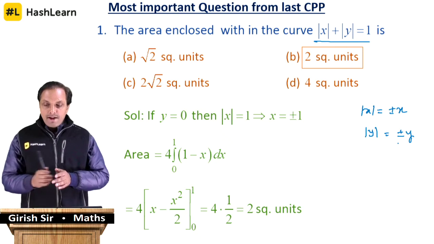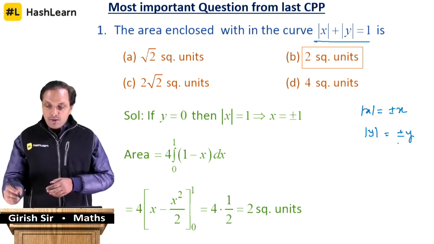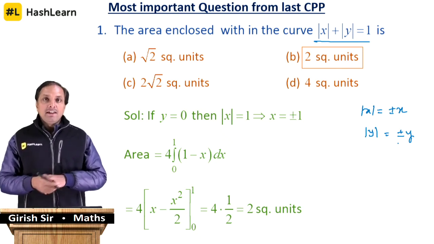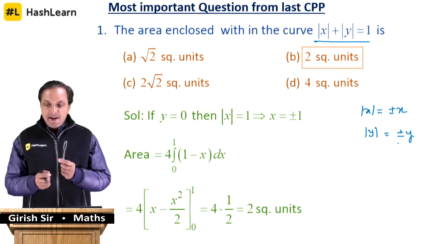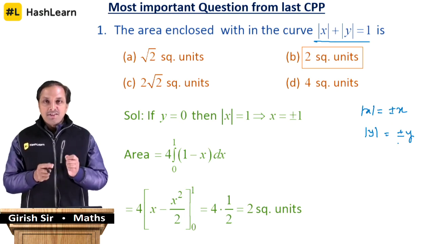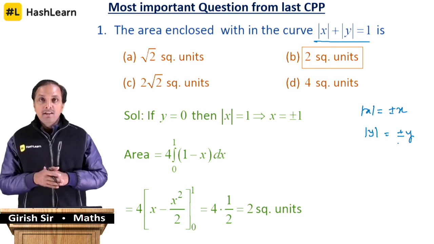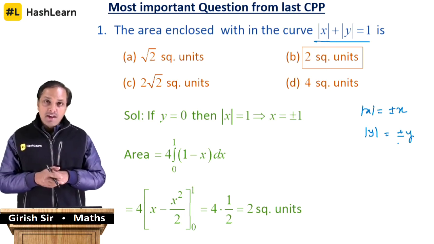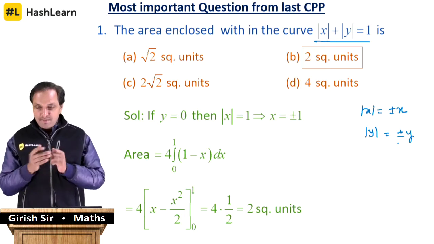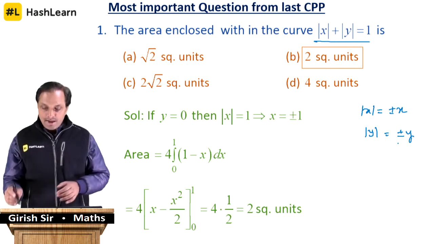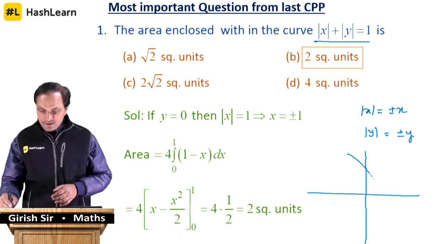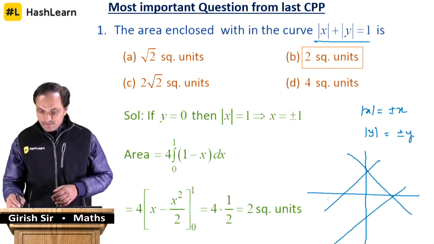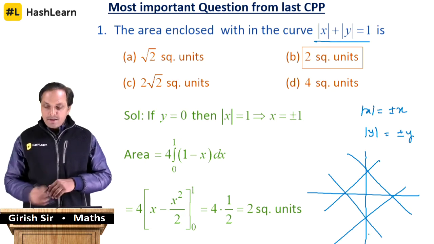So when you plot all these graphs taking plus x plus y is equal to 1, plus x minus y is equal to 1, minus x plus y is equal to 1, minus x minus y is equal to 1, you will get a diagram something like this. This is a standard problem.